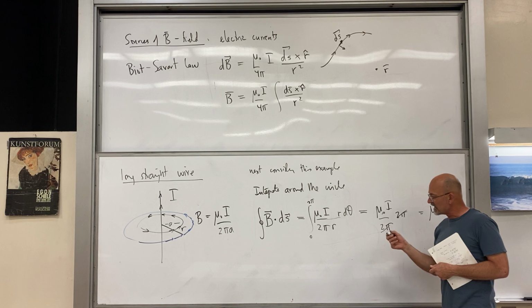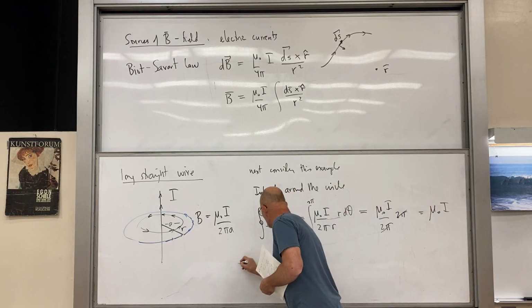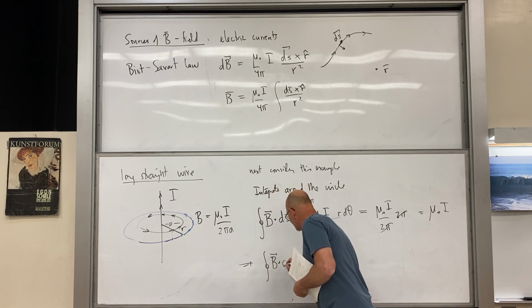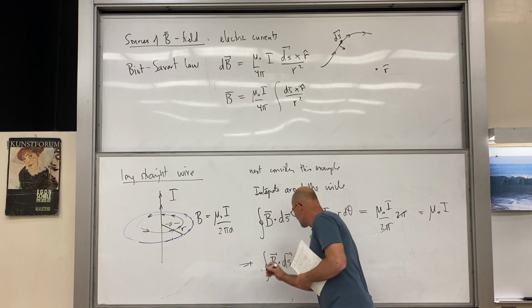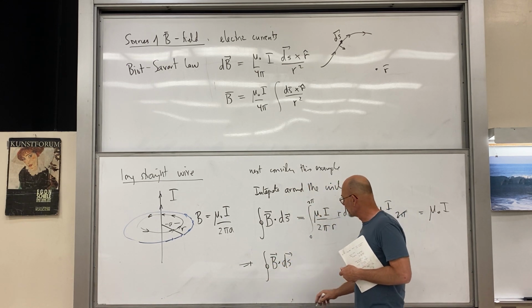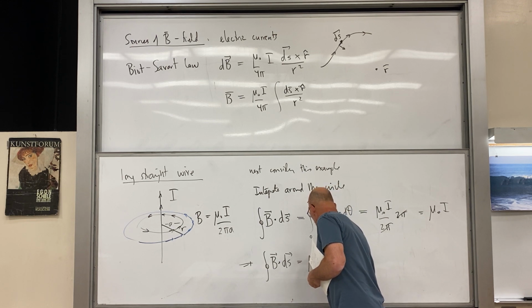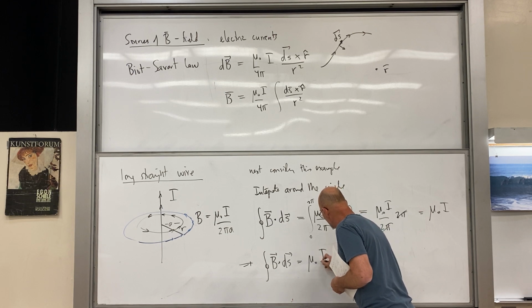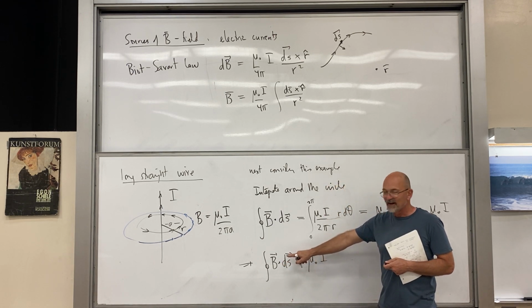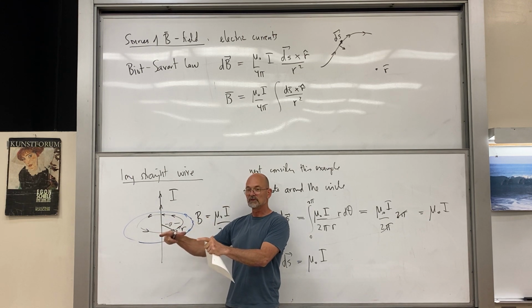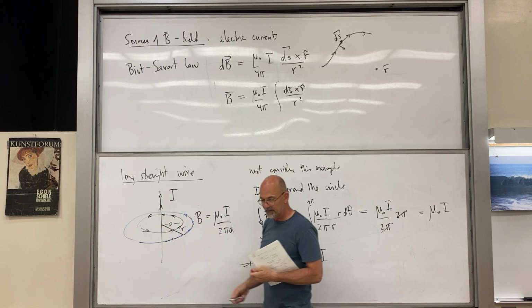But this generalizes to the following law. The line integral of the B field around a closed curve, that's what that circle means, is equal to mu naught times the current that is enclosed by that curve. The current that goes through, right here we had a surface, that blue circle, and the current going right up through it.